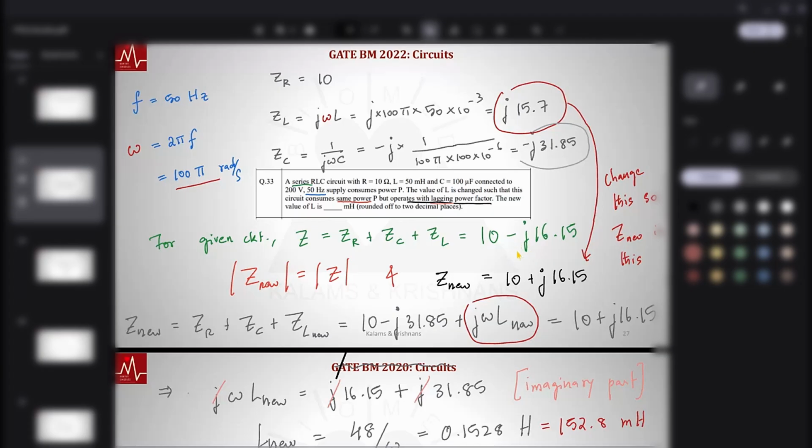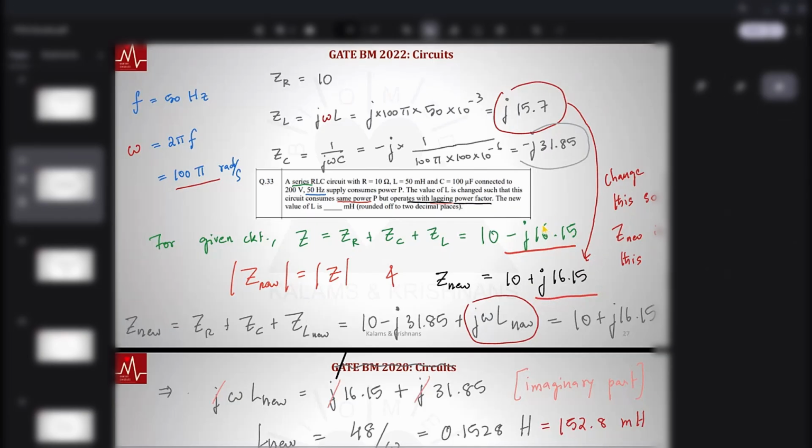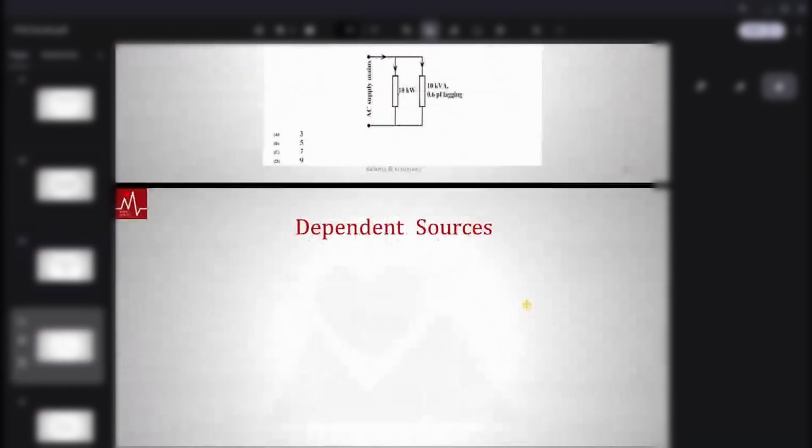What was the leading power factor? It was somewhat capacitive, the capacitor was dominating. So can you put an inductor and make it lagging? Can you make the triangle point upwards? That is what they actually asked here. But let's do it clearly here.